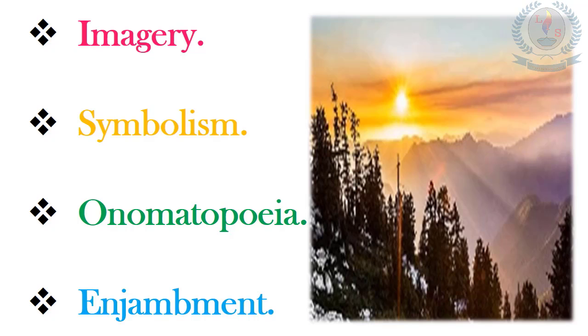But when we talk about imagery, we can take this line as an example too. By the time you go through this line, you feel like you can hear that sound. Then what's the imagery there? Auditory imagery is used there.